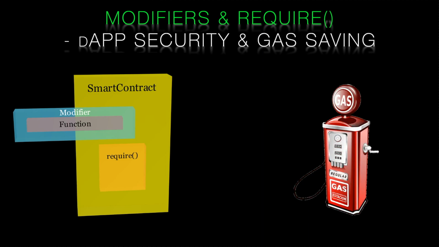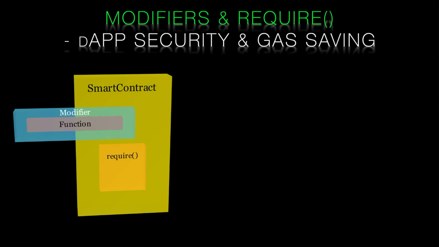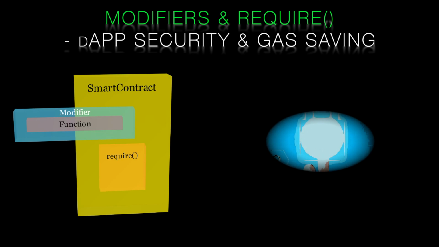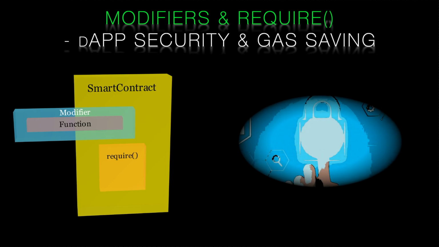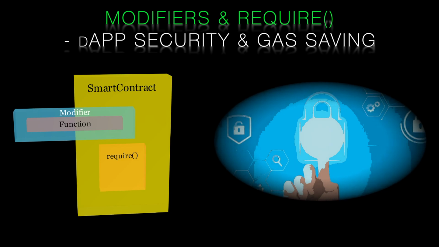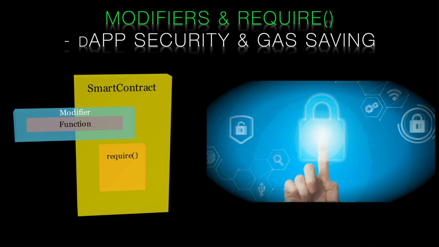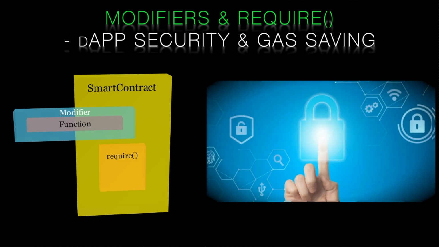It's usual practice to execute the control code in a modifier before the rest of the function is implemented. You bail out at the start of the function before any gas is consumed. As funds are routinely changing hands in smart contracts, and as smart contracts are immutable and unmodifiable once deployed, Solidity coding requires great care and thorough testing before deployment.